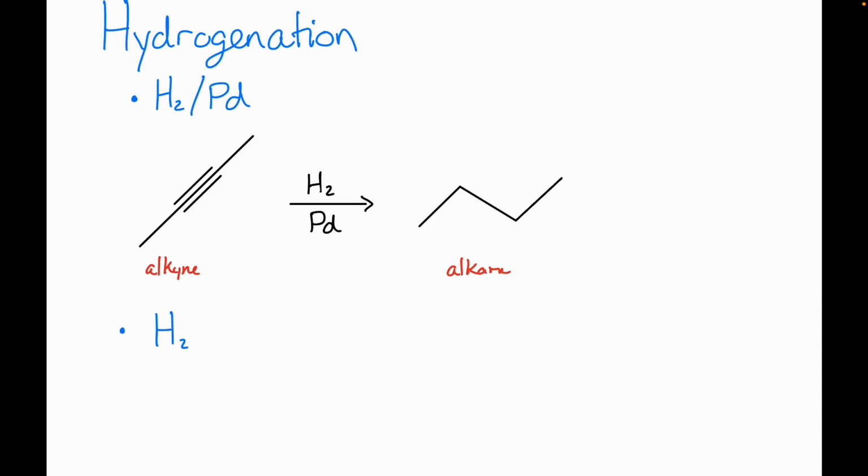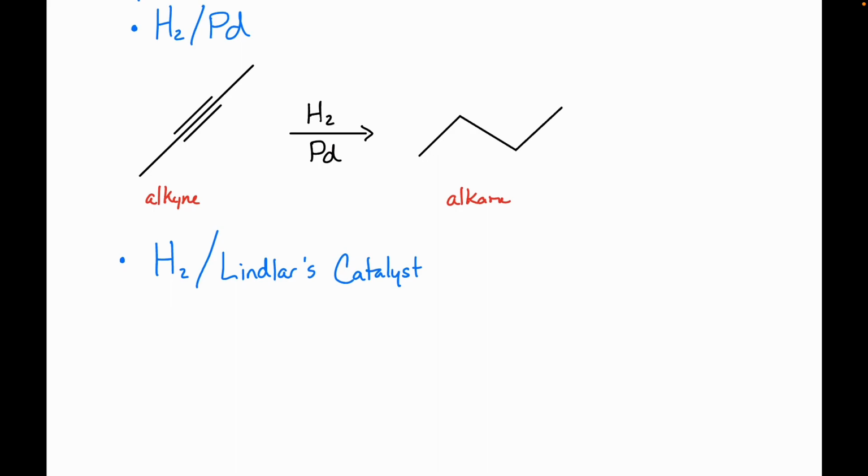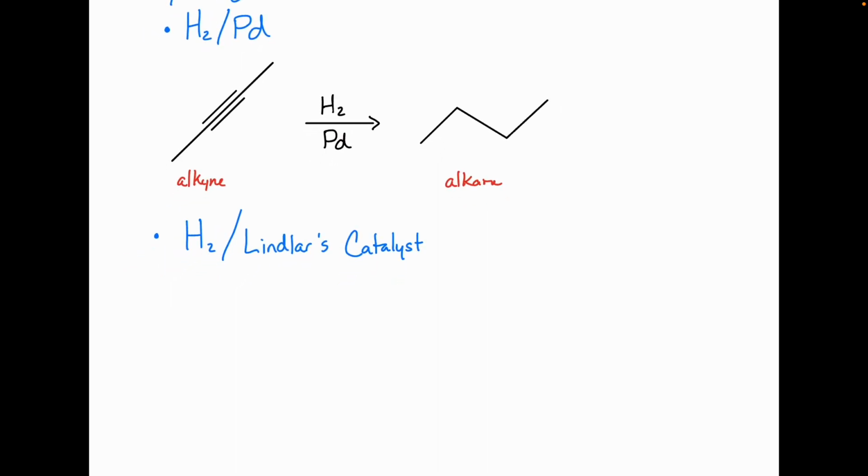Well, they developed a catalyst that's very similar to this palladium catalyst, but named after this person, Lindlar. Lindlar's catalyst. It's kind of just a modified palladium catalyst. But this will indeed give us an alkene product.